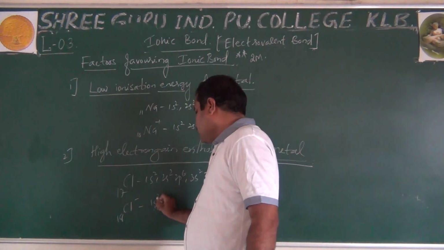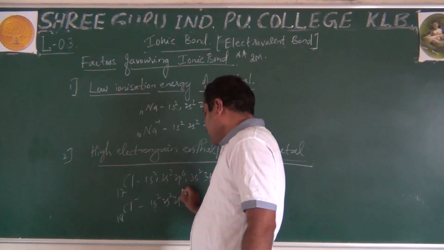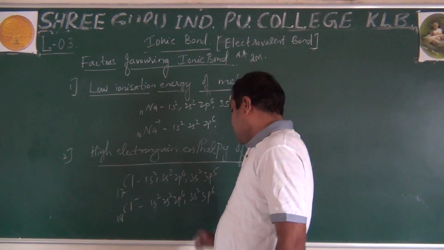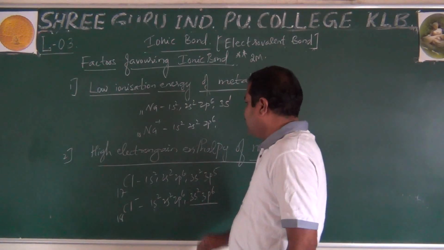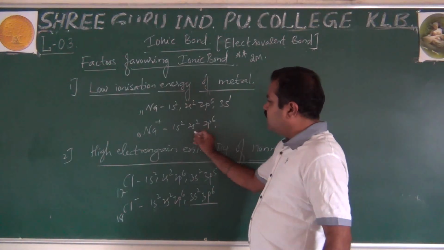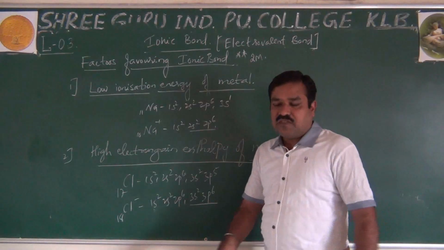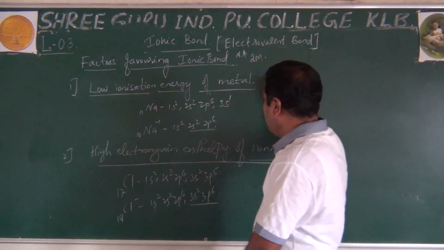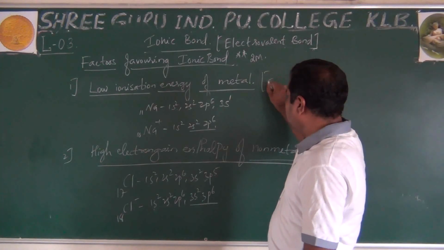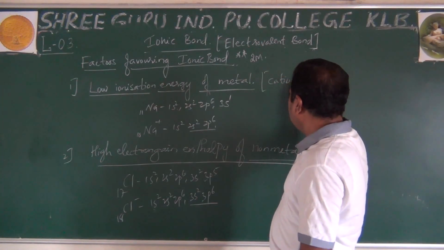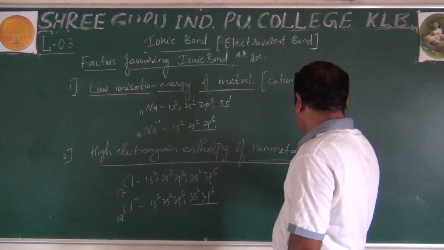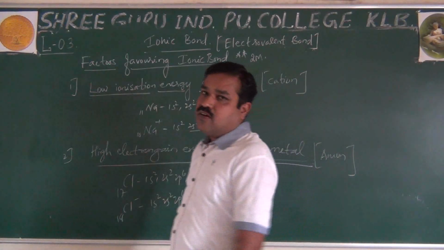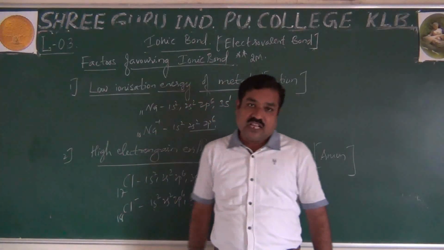Then it will acquire 1s2, 2s2, 2p6, 3s2, 3p6. Electron gain enthalpy favors what? Anion. Now both cation and anion are ready.